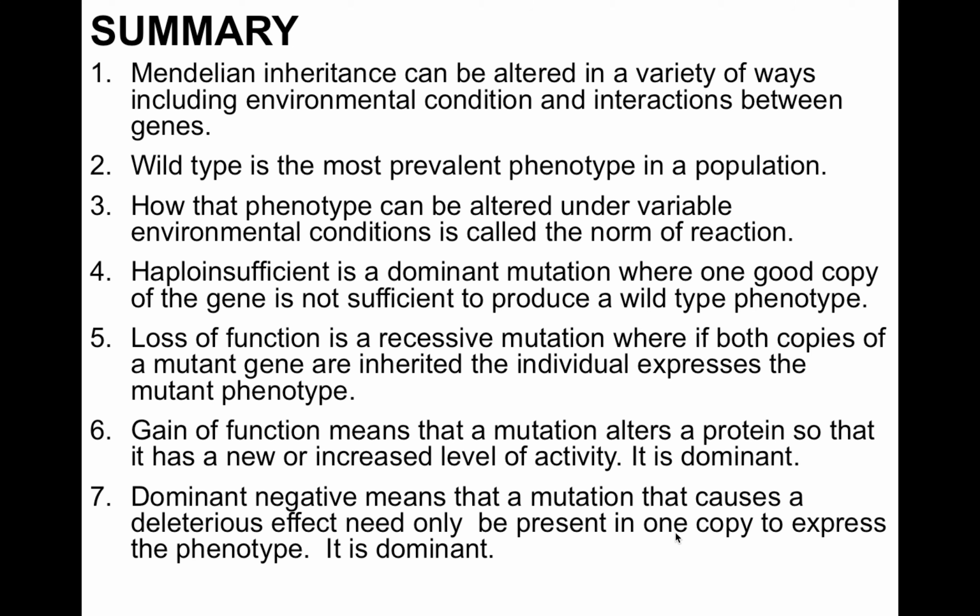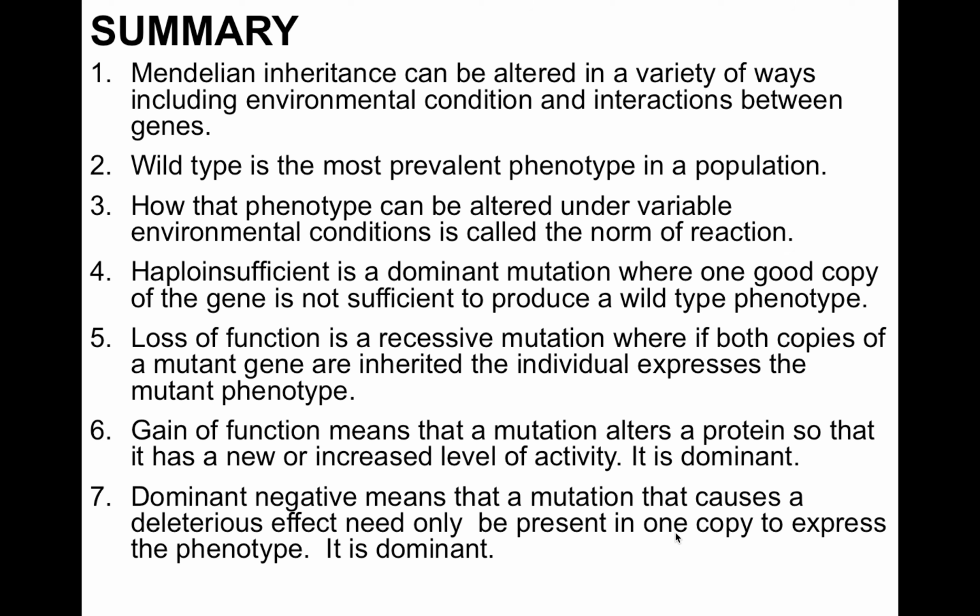Haploinsufficient is a dominant mutation where one good copy of the gene is not sufficient to produce a wild-type phenotype. Loss of function is a recessive mutation where if both copies of a mutant gene are inherited, the individual expresses the mutant phenotype. That's the normal recessive condition.